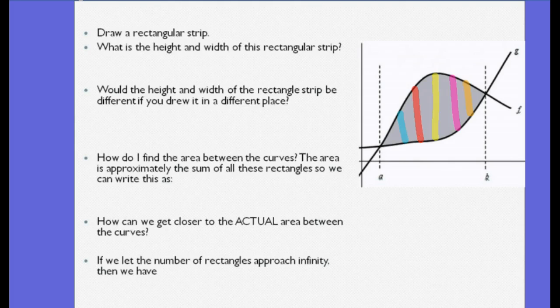And they all have the same width, because I used the same marker. So they all have the same width, and their height would be top function minus bottom function.